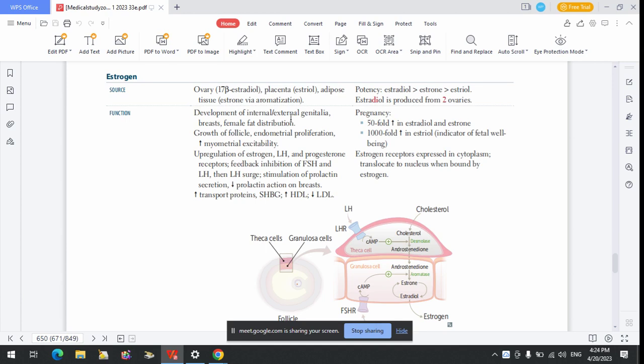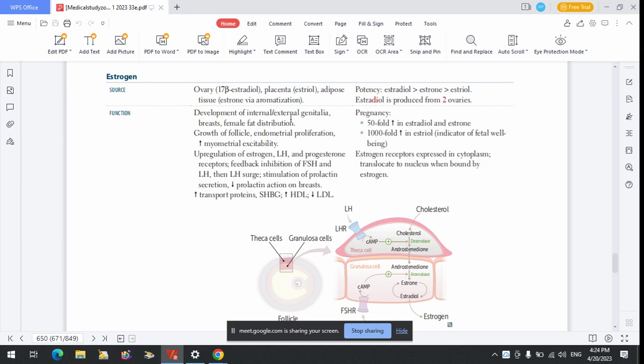So any one that doesn't have its receptor in the nucleus has it in the cytoplasm, so that when the hormone finds its way across the cell membrane, you know that when they say a hormone is lipophilic, that means that it can cross the cell membrane. That's what it means.